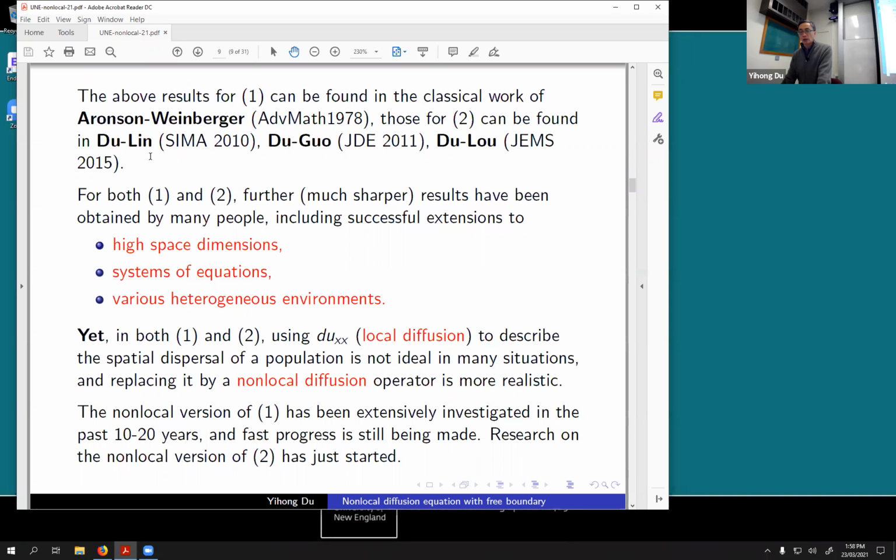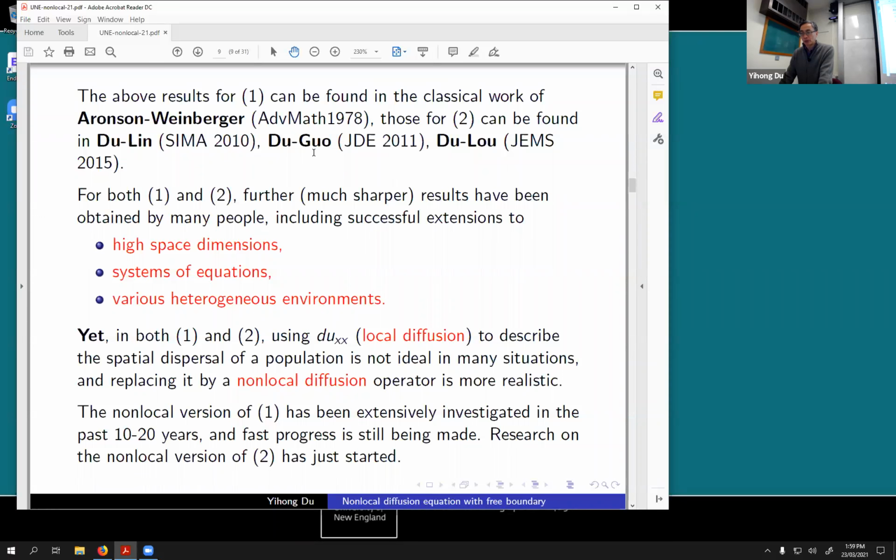The results for this free boundary model 2 used here come from the first paper with Zhigui Lin, and also later papers with Zhongming Guo. They both visited UNE many times, and also with Bendong Lou.